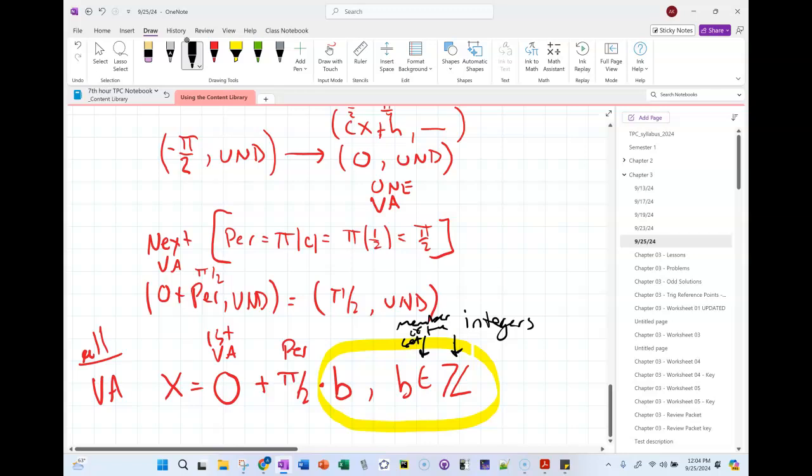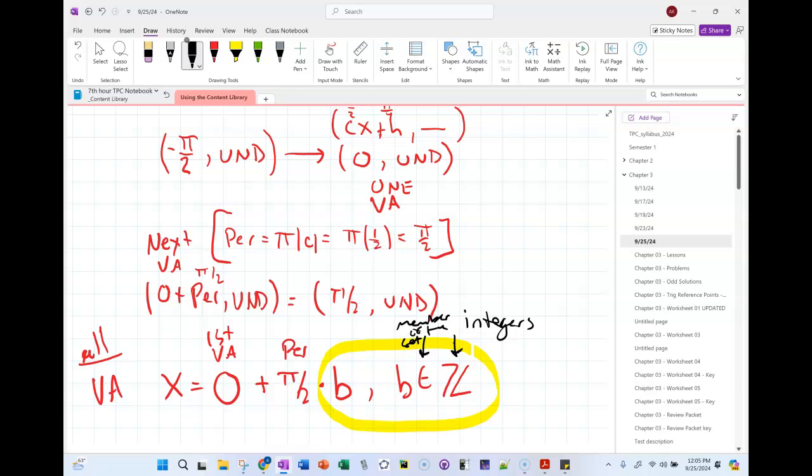But I can generate asymptotes by just plugging in integers for b and then doing the arithmetic, right? If b is 7, 0 plus pi over 2 times 7 is going to be another asymptote. I can just pick integers for b and generate whatever asymptotes I need, however many, wherever I need them. You know what I mean?